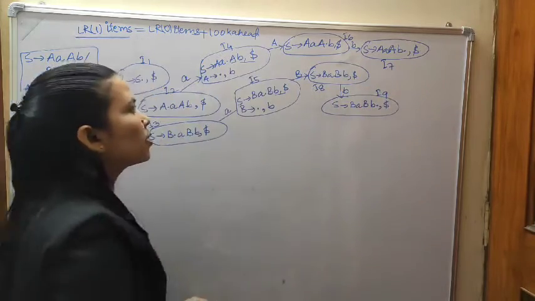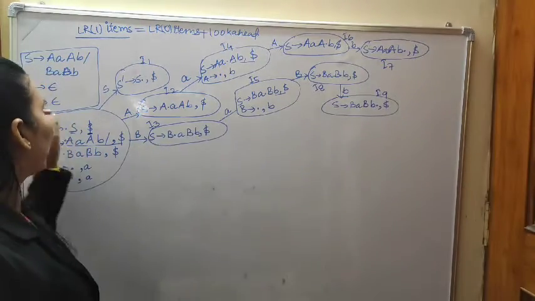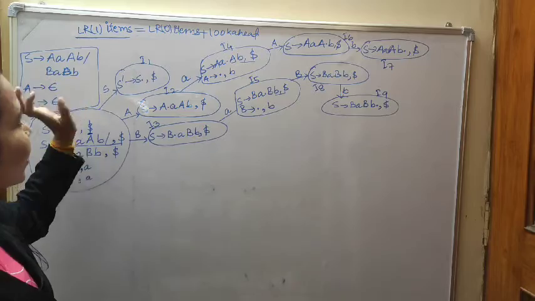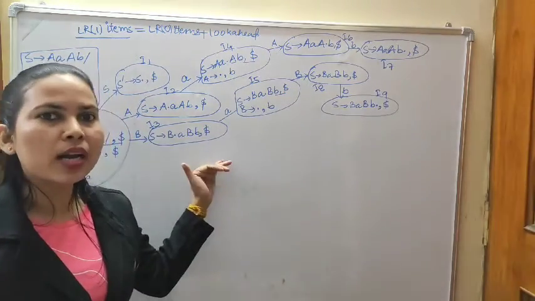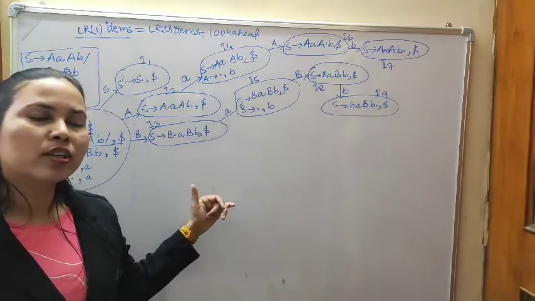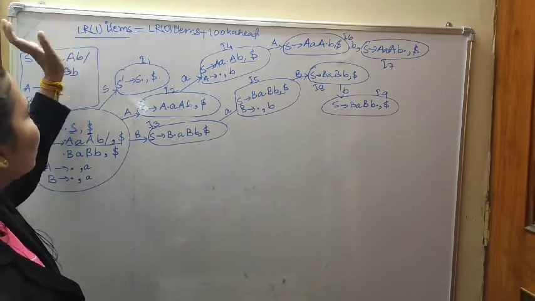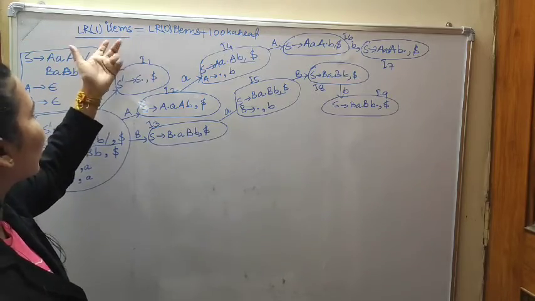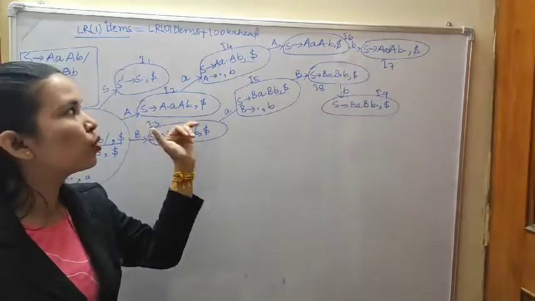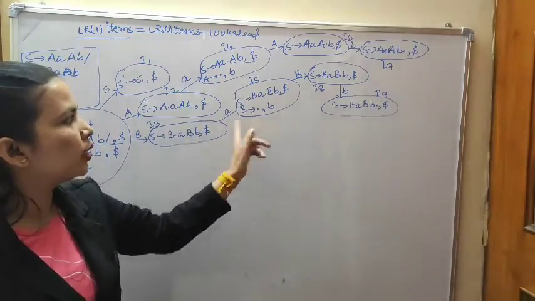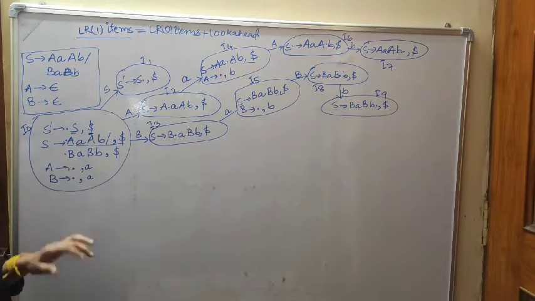Here is nothing different, but many times if you check any production rules, whether it is LR0, SLR1, LALR1 or CLR1, the LR1 items have more steps because of the look ahead, but here it is the same because there are two terminal variables. Okay, so that is why.